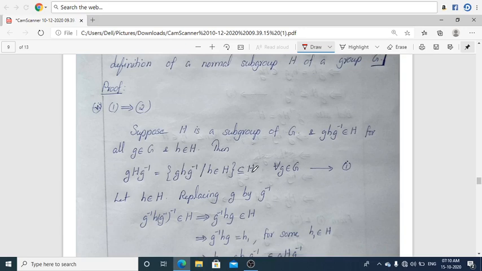Next we prove H is a subset of gHg⁻¹, so that both are equal.